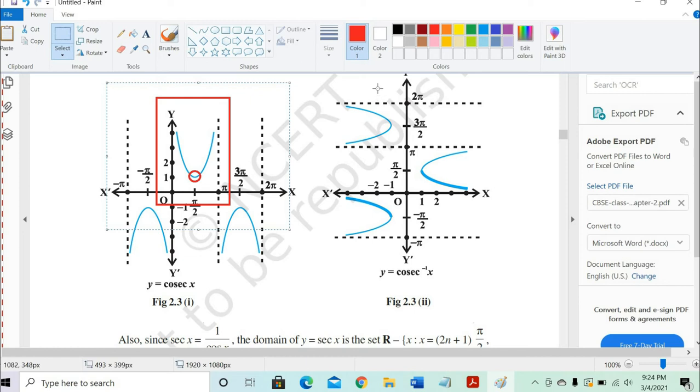Can you see in the y-axis all the angles came in the picture? 0, pi by 2, pi, 3 pi by 2, 2 pi. These angles are on the y-axis now, and the range became the x-axis. All the real numbers are on the x-axis now, 0 to infinity and 0 to minus infinity. Clear? Clear, sir. Excellent.